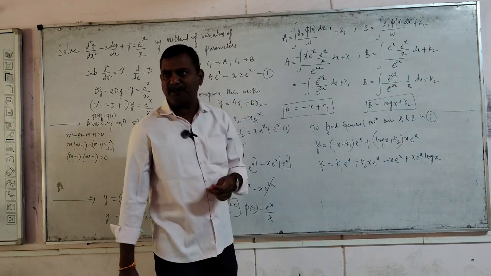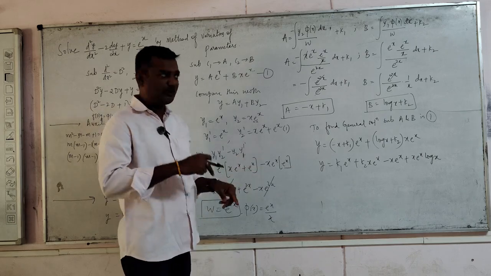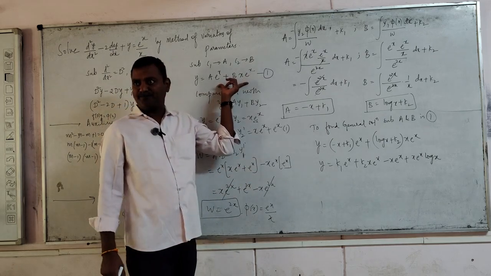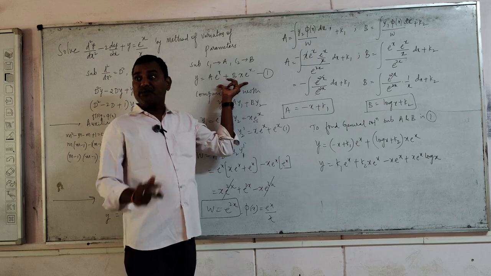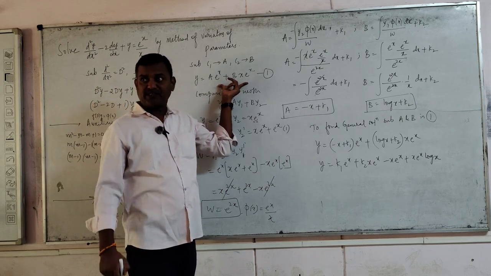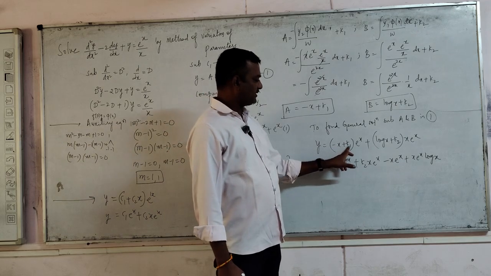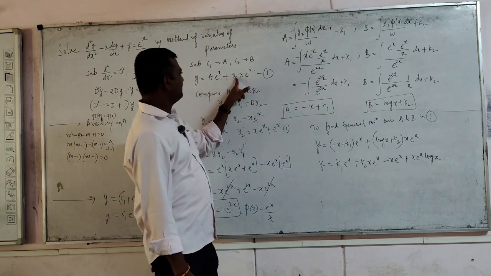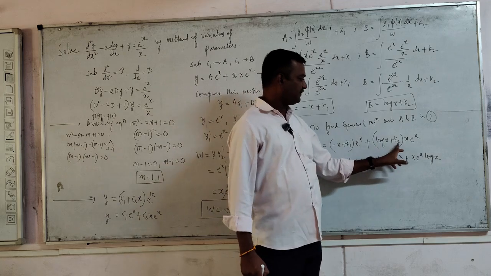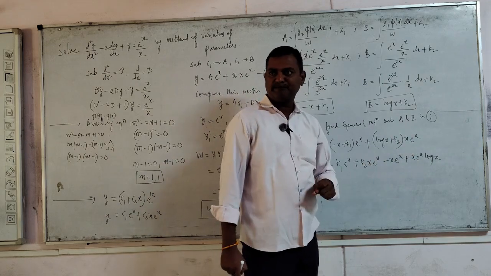Once you get the values of capital A and capital B, you substitute back into equation number 1, where you changed c1 and c2 into functions of x. Substituting, A value is (minus x plus k1) into e raised to x, plus B value is (log x plus k2) into x e raised to x.